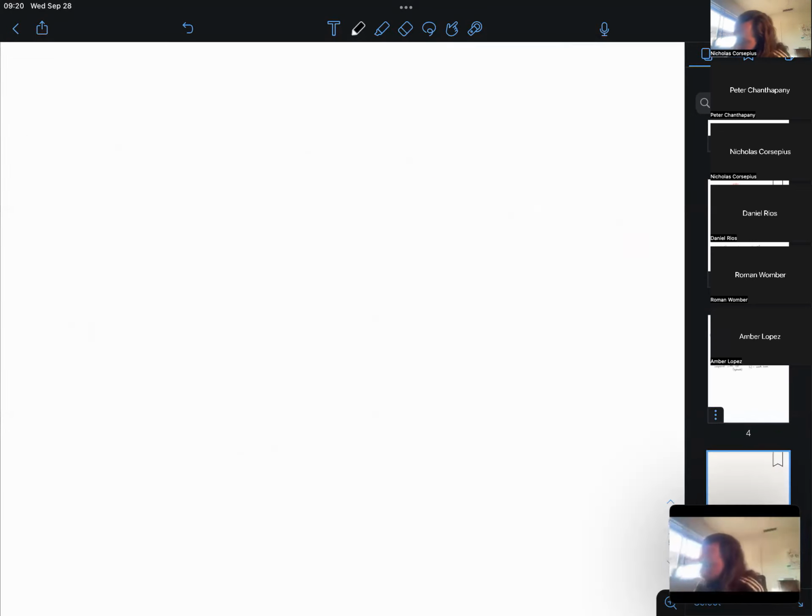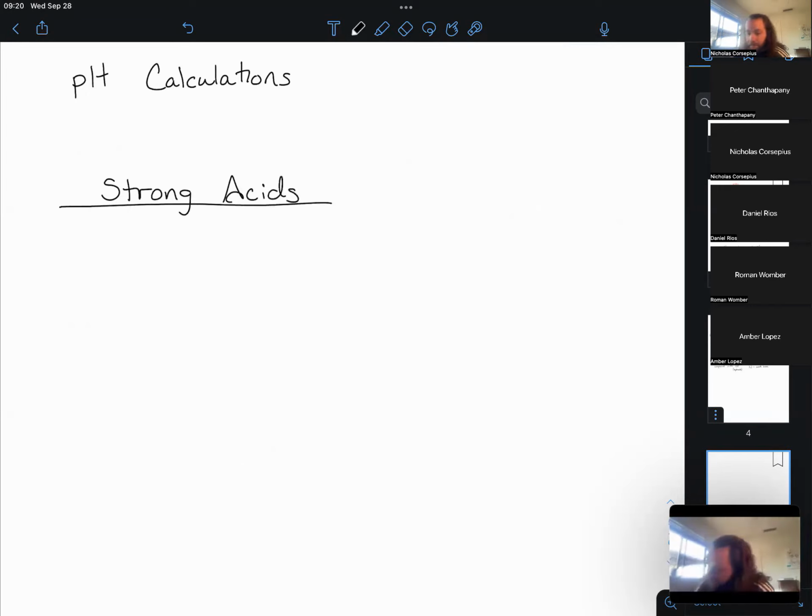So in terms of pH calculations, for strong acids, because they fully dissociate, we just say that the concentration of the acid that we start with is going to be equal to the concentration of hydronium ions at equilibrium, after you added it to the water.